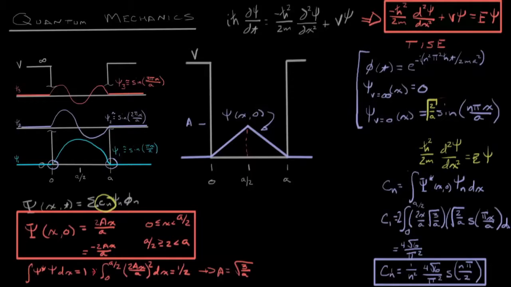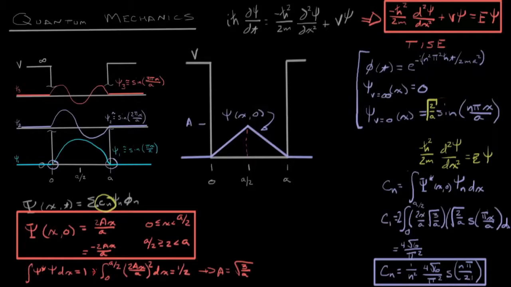Well, how can we make sense of this Cn? Well, first we notice that as the energy level, or as the n state increases, the contribution of each of those particular states decreases as n squared, which means the profile that's going to contribute the most is going to be the ground state. And we kind of had a feeling that was the case just by looking at the shapes.